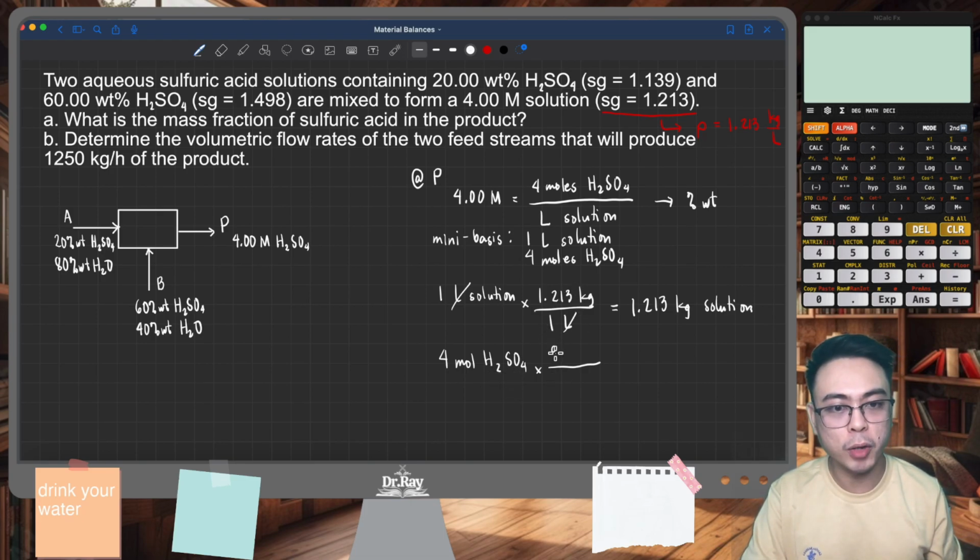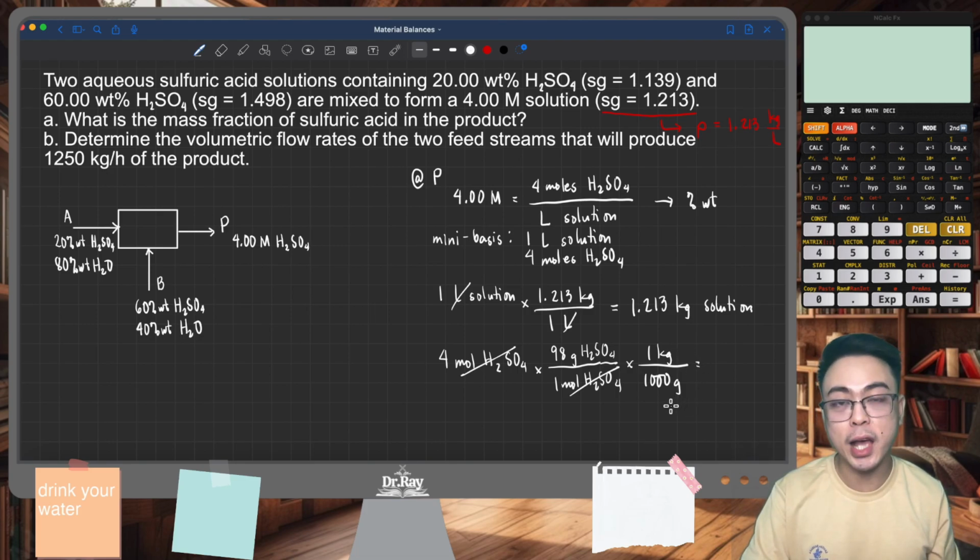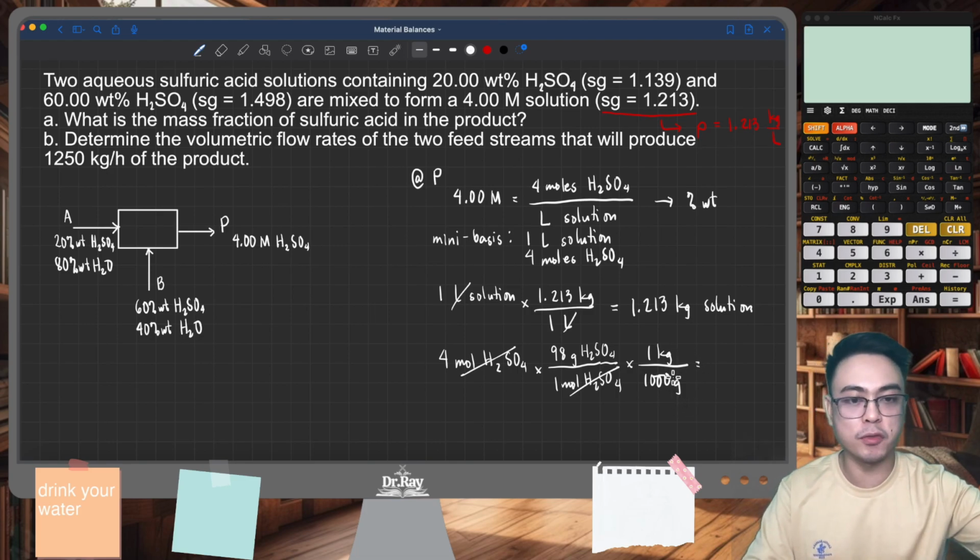So I'm going to multiply this by 98 grams of sulfuric acid per mole of sulfuric acid. This will cancel out. But then I need these values to be in kilograms. So I'm going to add another factor here that for every 1,000 grams, you have 1 kilogram. So that we will know exactly the mass in kilograms of the sulfuric acid.